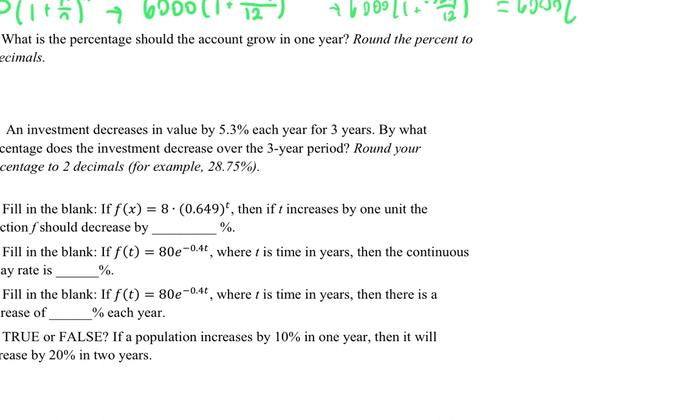That exponent part, what I got was 1.1554. And then multiply that times 6,000. I got $6,935.02.